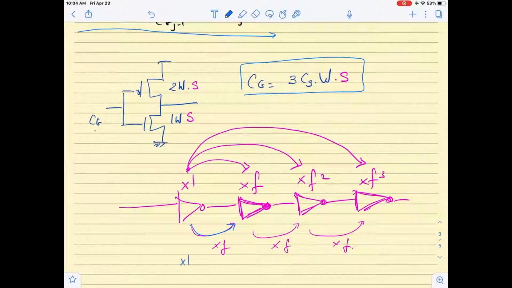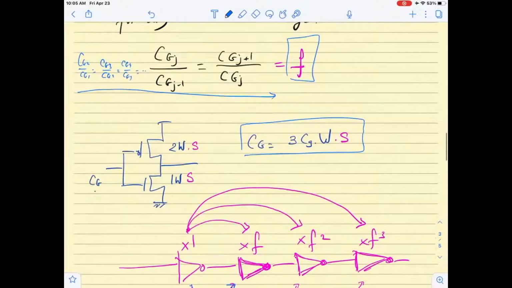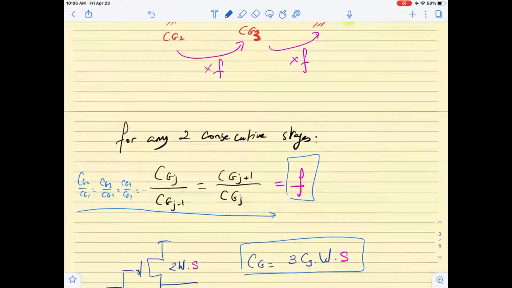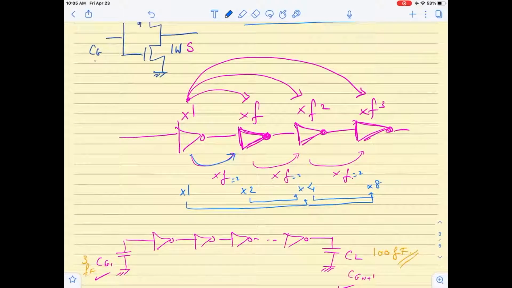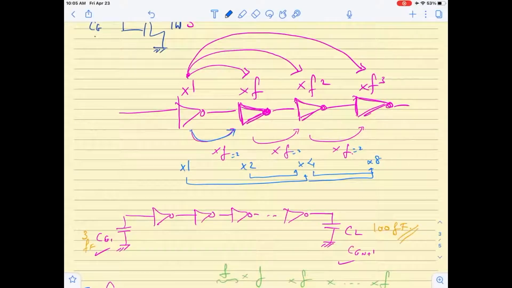If this is times 1, and F comes out to be 2, then this will be times 2, this will be times 4, and this will be times 8, since I'm multiplying by 2 at every stage. This is for the example when F equals 2. So the optimal delay tells me that the ratio of consecutive input capacitances is constant, and the sizing from one stage to the next changes by the same constant factor.